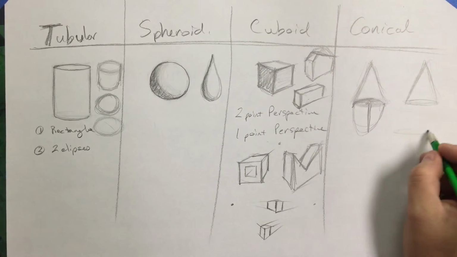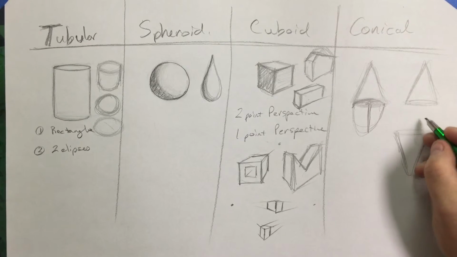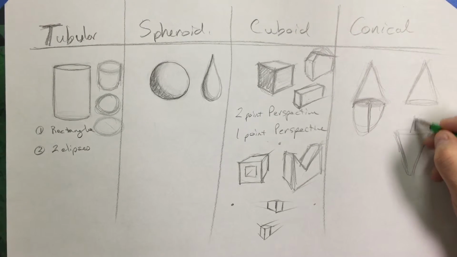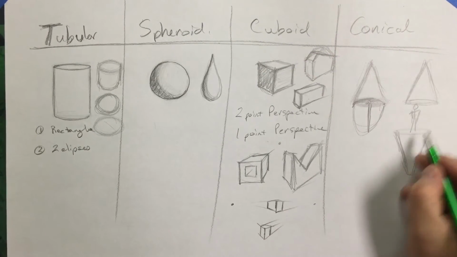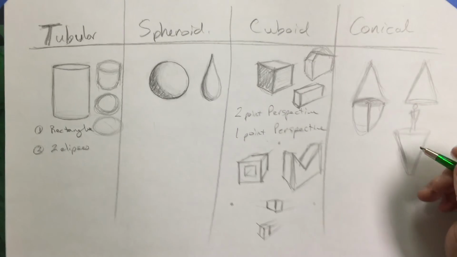You may be able to draw this thing upside down. And now instead, you can have somebody standing up on top of it, just hanging out on top of it. There's so much that you can do with these.